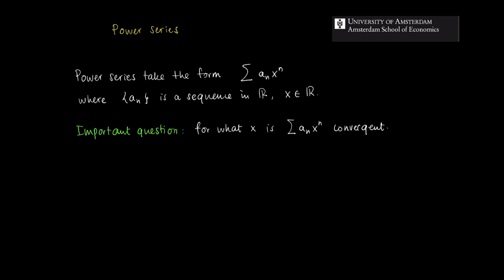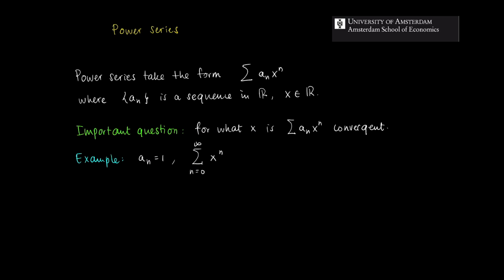Right? So let's give an example which we can solve rather easily. Here we take the constant sequence a_n equals 1, and we take the sum for n equals 0 to infinity of x^n.